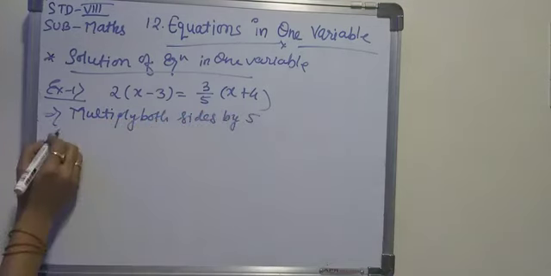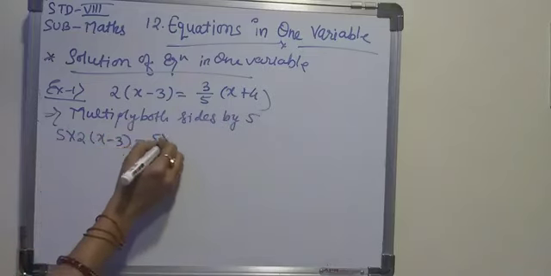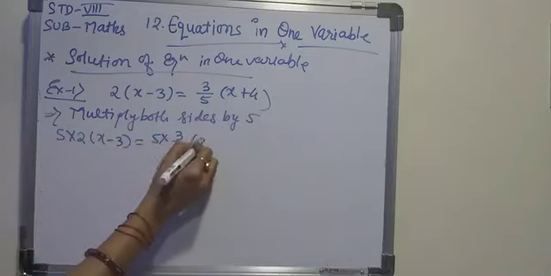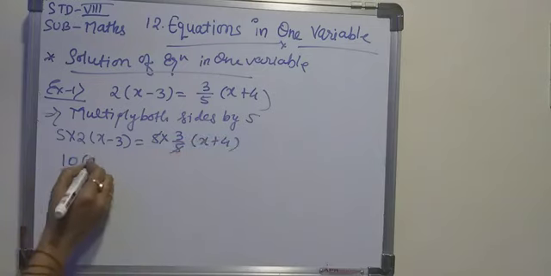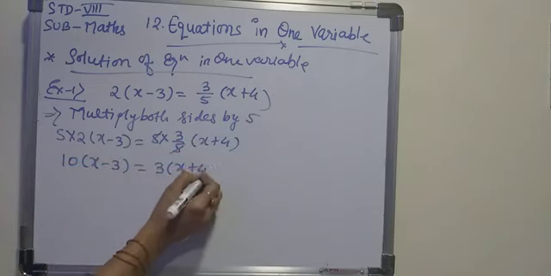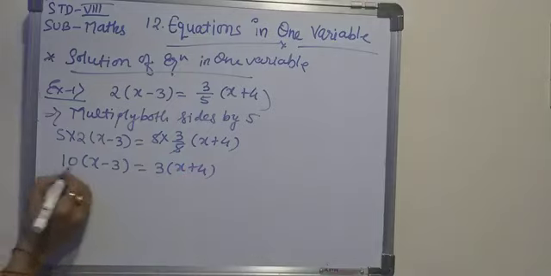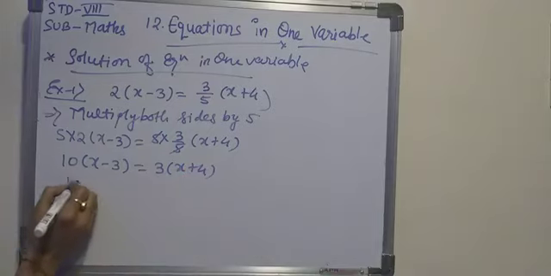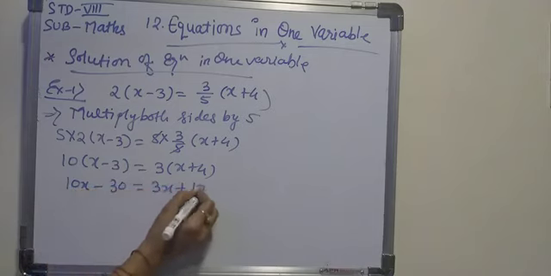You get 5 into 2 times (x minus 3) is equal to 5 into 3 upon 5 (x plus 4). 5 cancels, 5 twos are 10, so 10 times (x minus 3) is equal to 3 times (x plus 4). Now open the bracket: 10x minus 30 is equal to 3x plus 12.